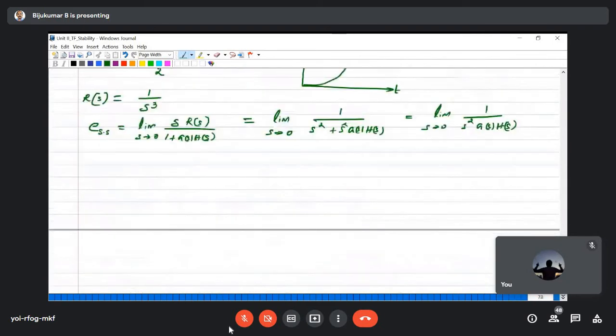So like in other reference input, here also we are introducing one term called Ka, the static acceleration error constant.